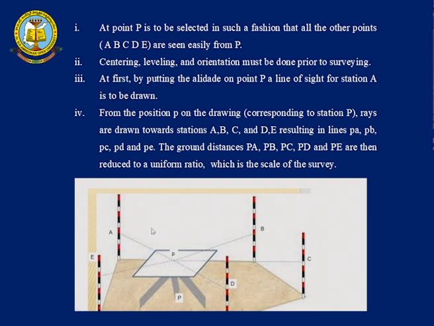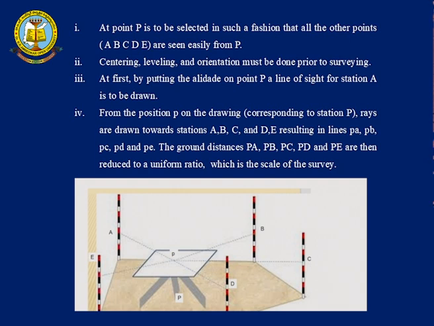Now look at the procedure. Point P is to be selected in such a fashion that all the other points A, B, C, D, E are seen easily from point P. Then we have discussed that three steps are needed.